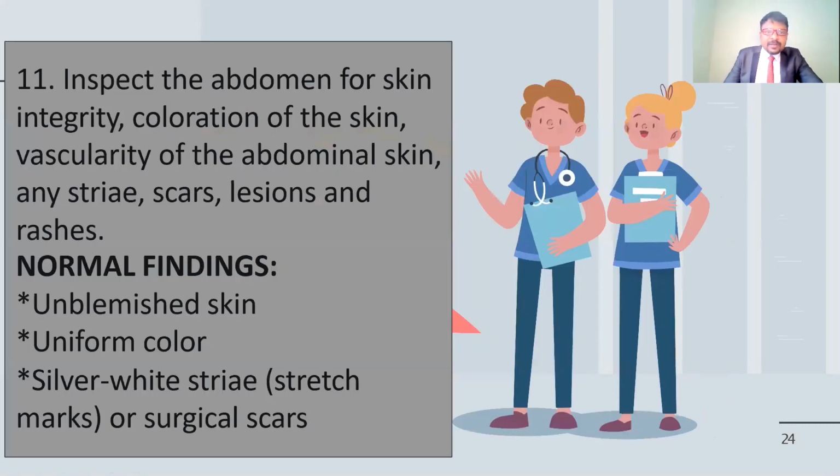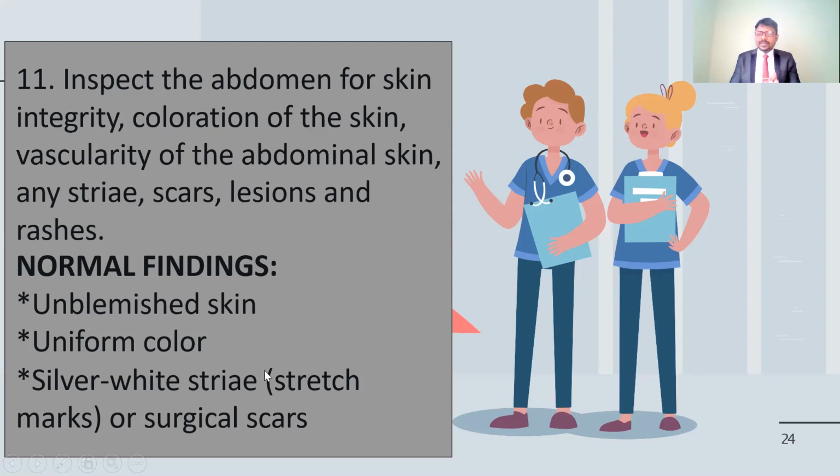So inspect the abdomen for skin integrity. The color of the skin, vascularity of the abdominal skin, and also striae, scars, lesions, and rashes. So these things we have to inspect. And also what are the abnormal findings? The normal is unblemished skin, uniform color, silver white striae, that is the stretch marks, or any surgical scar.